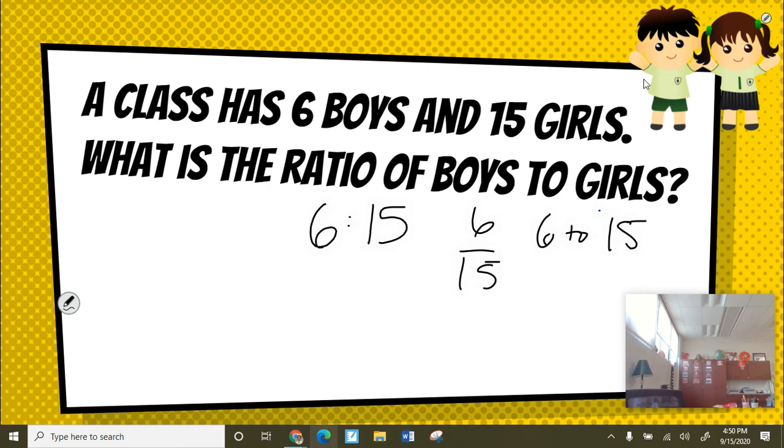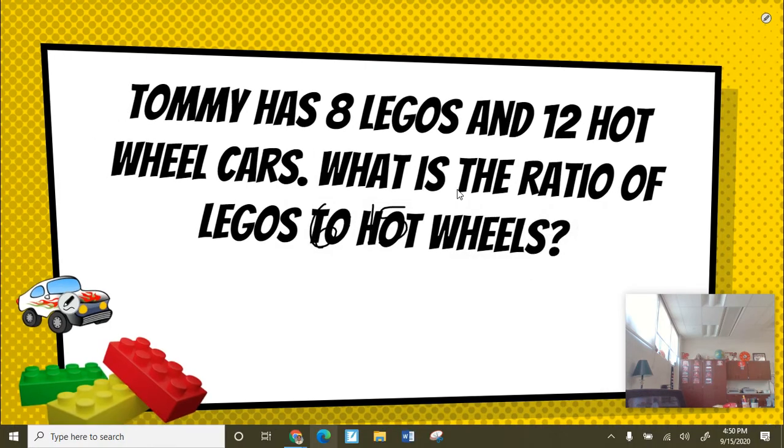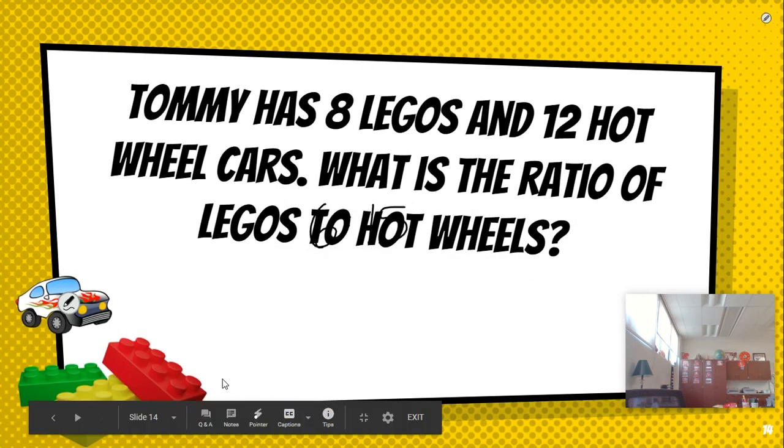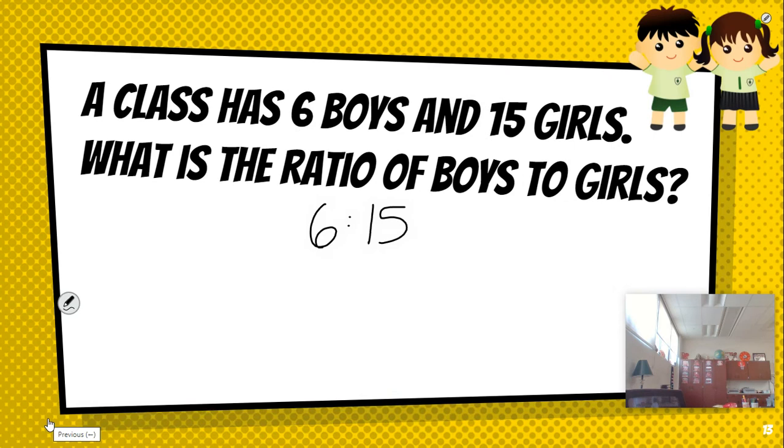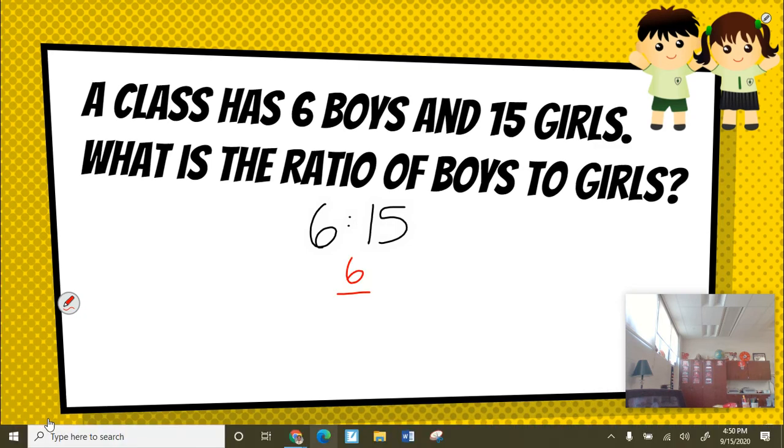So then, just like we did in the last problem, we need to figure out what I can take out of 6 and 15 to make it simpler. I can take 3 out of 6, and I can take 3 out of 15, right? Because if I had this as a fraction, I can divide that by 3 and divide this by 3 to make it simpler.